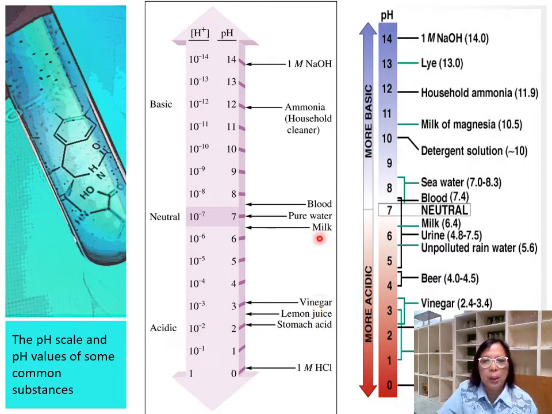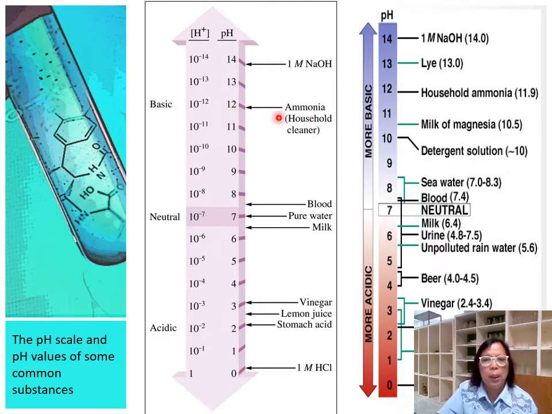Now, the milk, which is not actually sour in taste, is near to neutral, but not neutral. And then, of course, the most common example of what is neutral or at pH 7 is the pure water. Our blood is basic. The ammonia that you use in cleaning is actually basic, very basic.